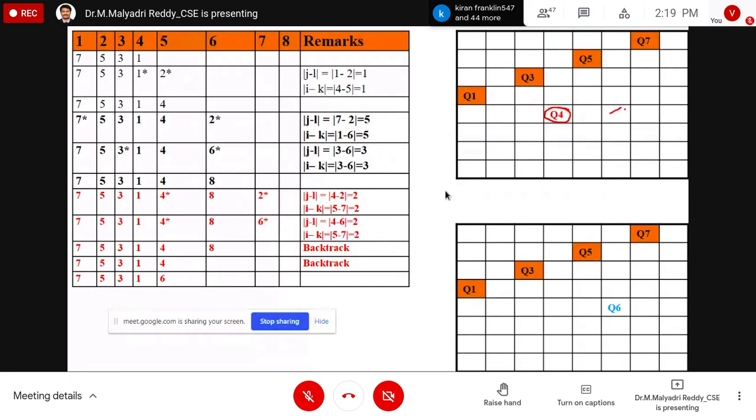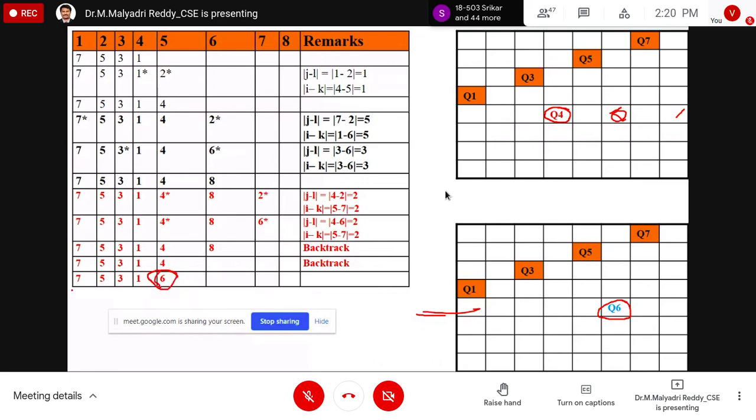Next I place Q6 here. So by applying backtracking, I change the fifth tuple place from Q4 to Q6. It is one more feasible solution method. I place Q6 in the fifth tuple.